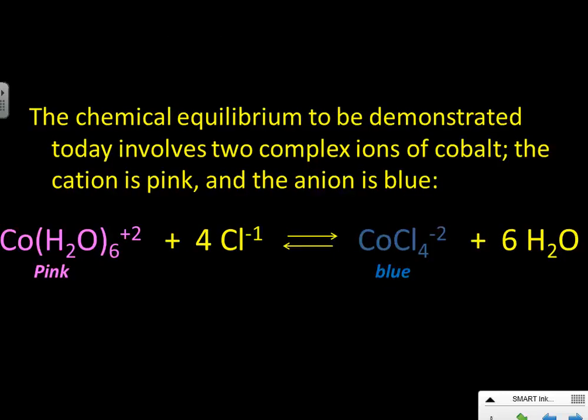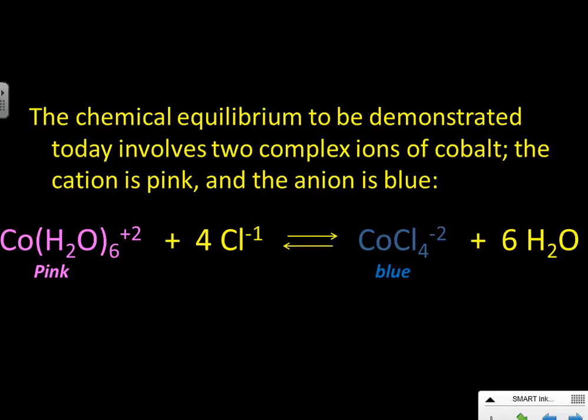You're going to see an equilibrium system today that will be demonstrated in this video, and it involves two complex ions of cobalt. The one on the left that's considered on the reactant side is pink, and it's a cation, so that's another way to help you remember: the cation is pink. It's on the left side, so it's a reactant. And the other form of the cobalt ion is an anion, and it's blue.